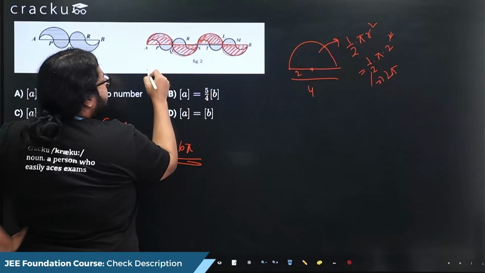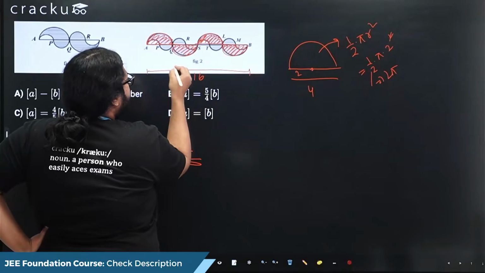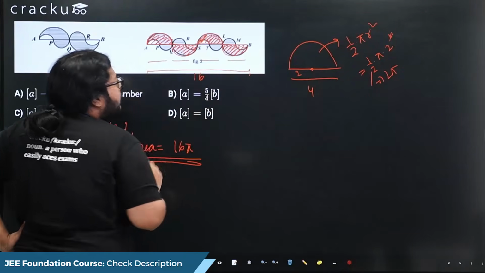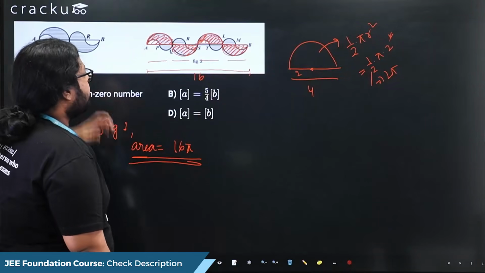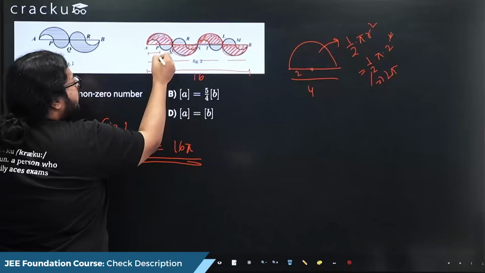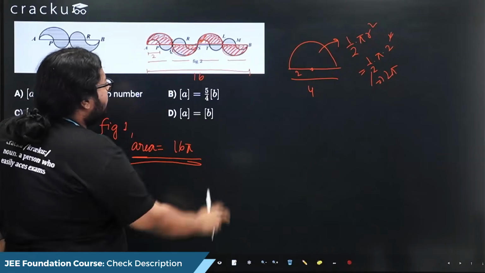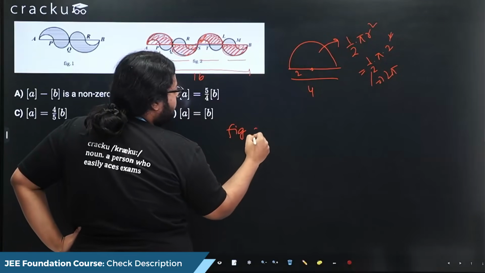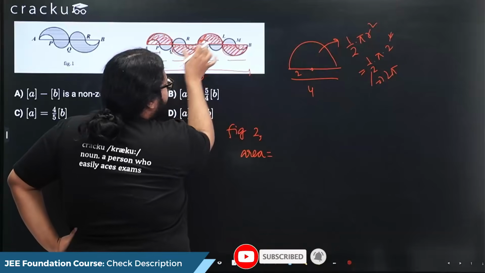Now, this whole thing is basically 16. So that gives me, this is 4, this is 4, this is 4, this is 4, which means the radius of each of these is 2. So what will be the area of this figure? So for figure 2, the area will basically be, because 4 of these are there, no?